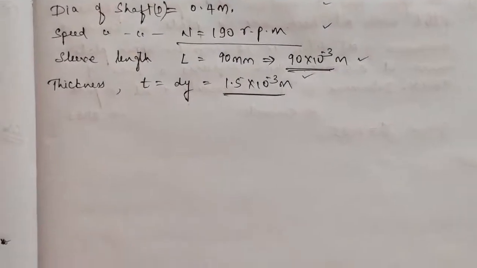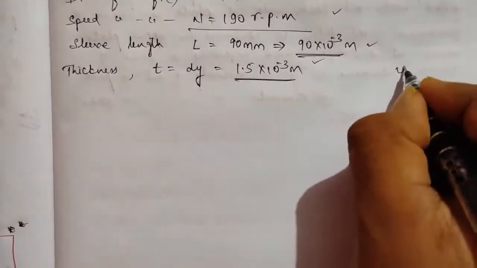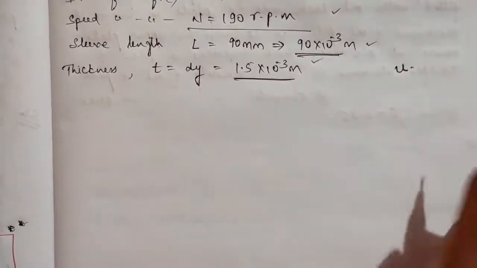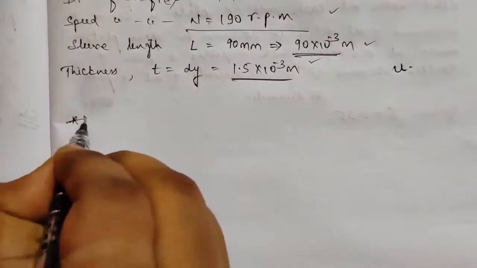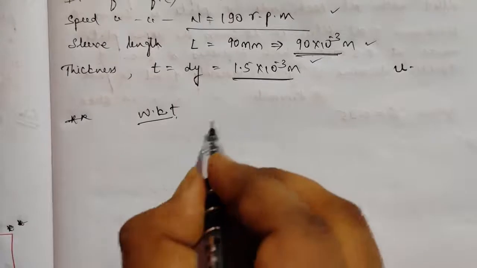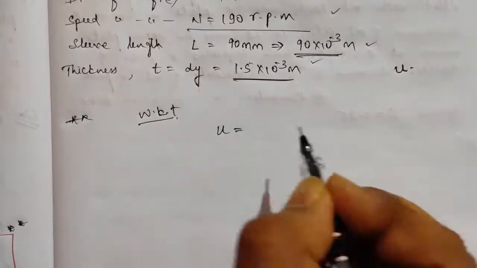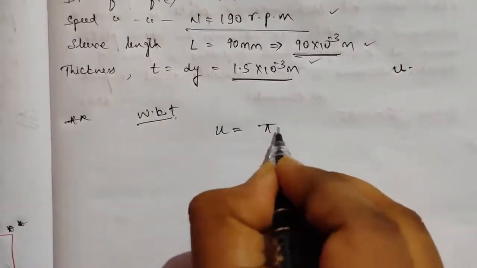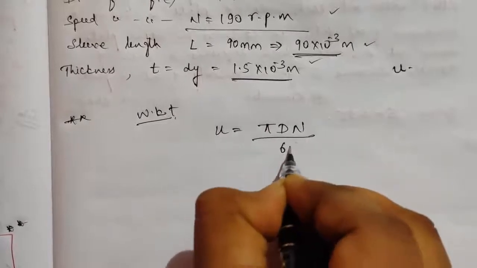So I told you to remember one formula to find the velocity. That is u is equal to pi D N by 60.